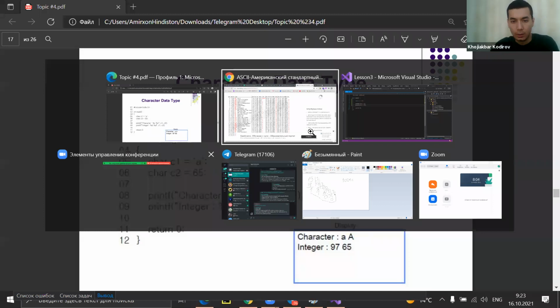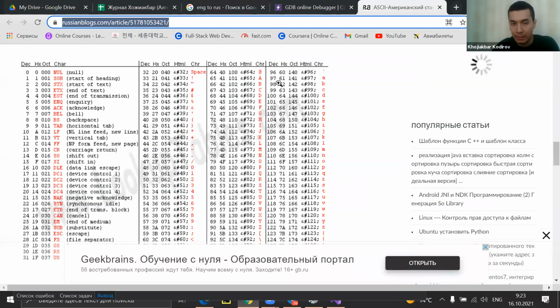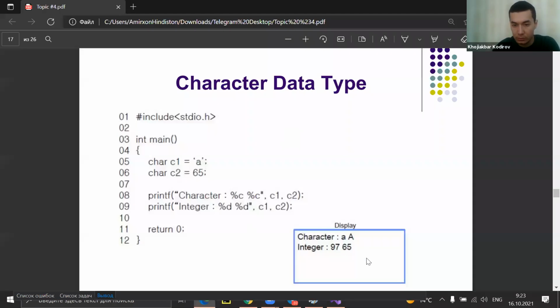Small letter a is 97, so I'm getting 97 the first one, and then 65. So if you have a character, you can print either with percentage D if you want the decimal representation, or you can print as a character even if you are writing the decimal number as in C2.